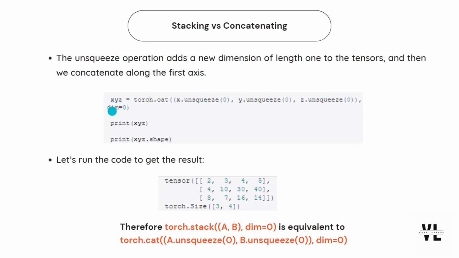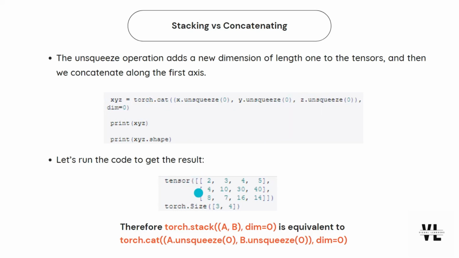Then we define dim equal to 0 for the concatenation operation. So the only difference between cat and stack to create a matrix with a new dimension is the unsqueezing operation on each tensor before passing them as arguments.